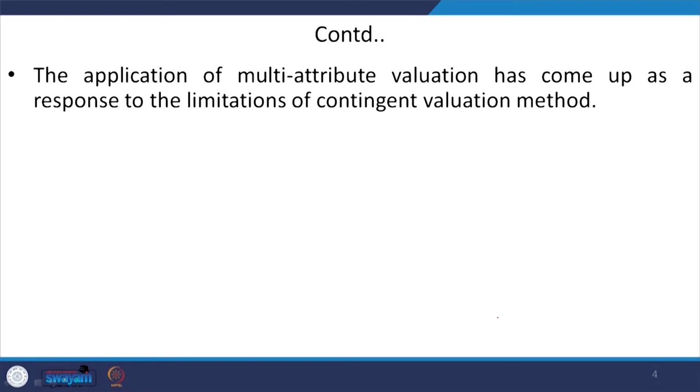So, now the question is why we are talking about choice modeling or choice experiment when we have already discussed the contingent valuation method, one of the family member methods under this stated preference method. So, the challenge is that in the contingent valuation method we cannot tackle the multiple attributes in the valuation exercise.